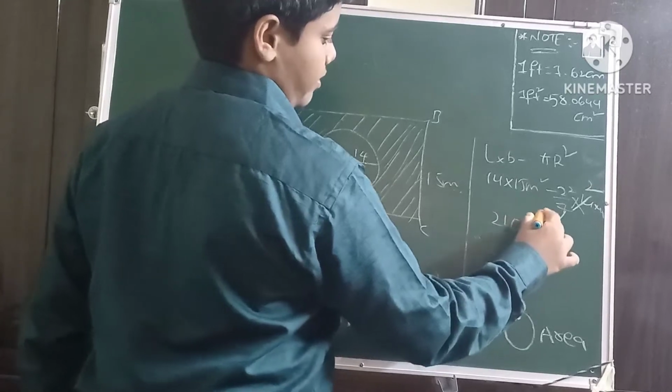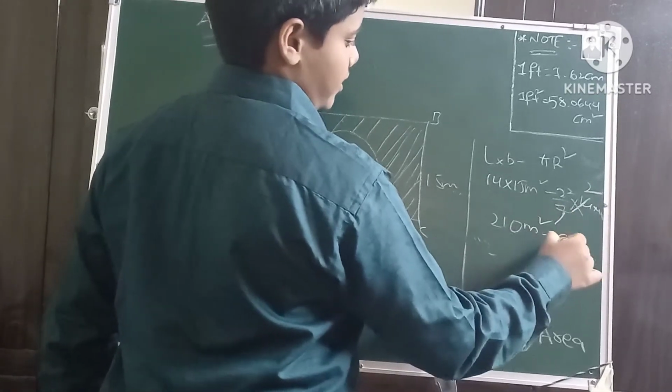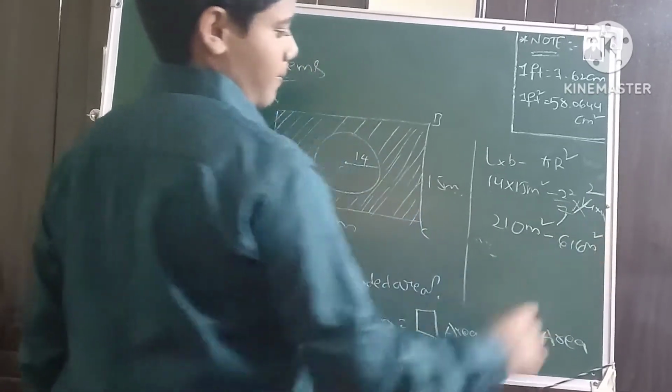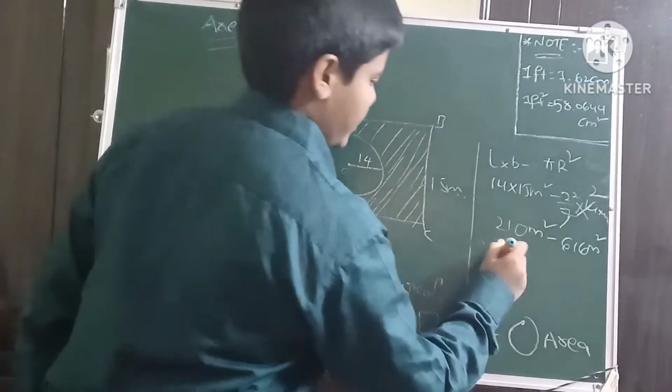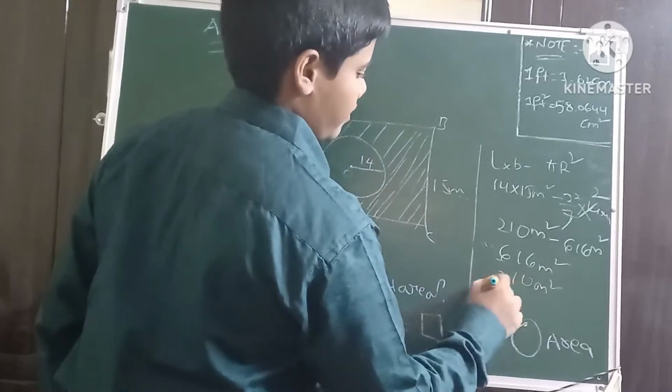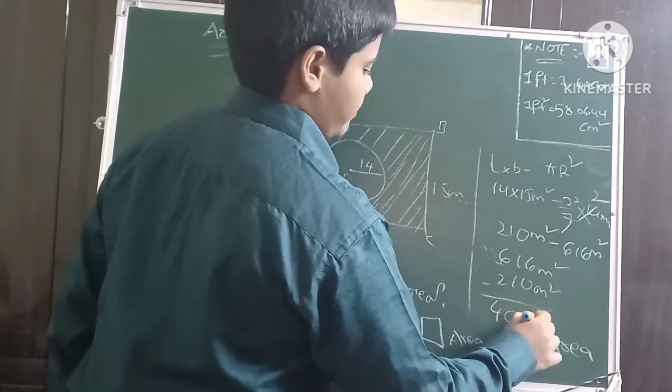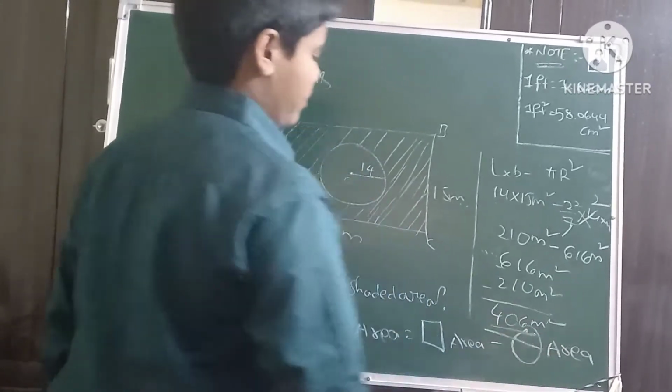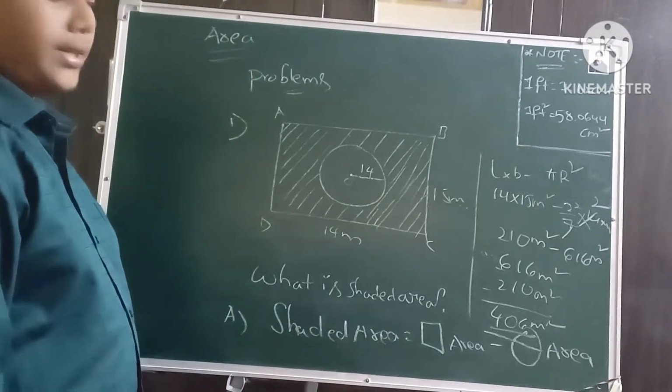So 210 meter square minus 616 meter square, that is 616 minus 210, 406 meter square. This is the shaded area.